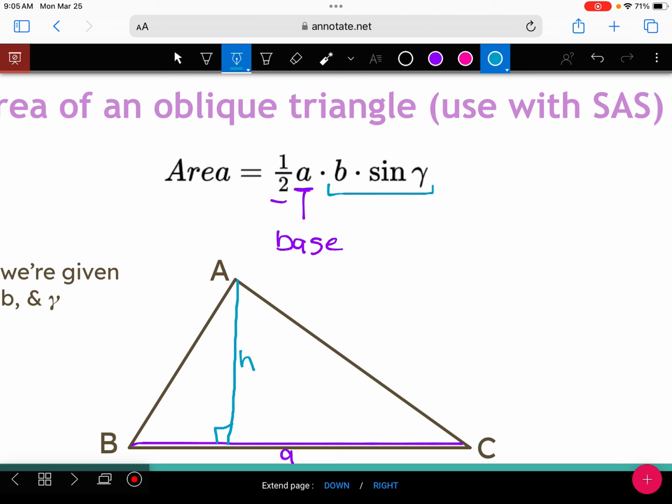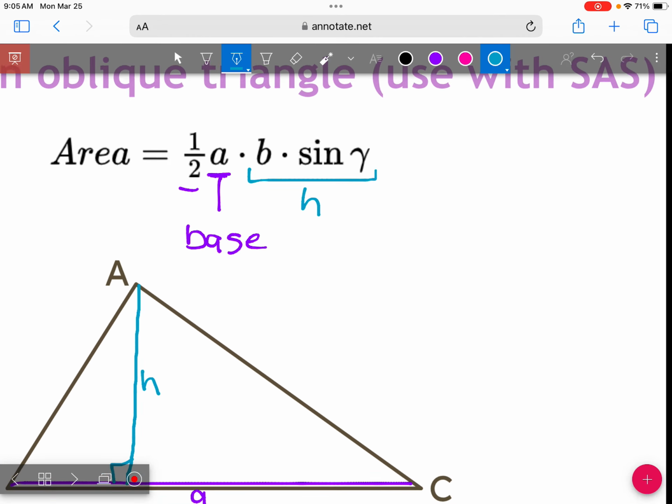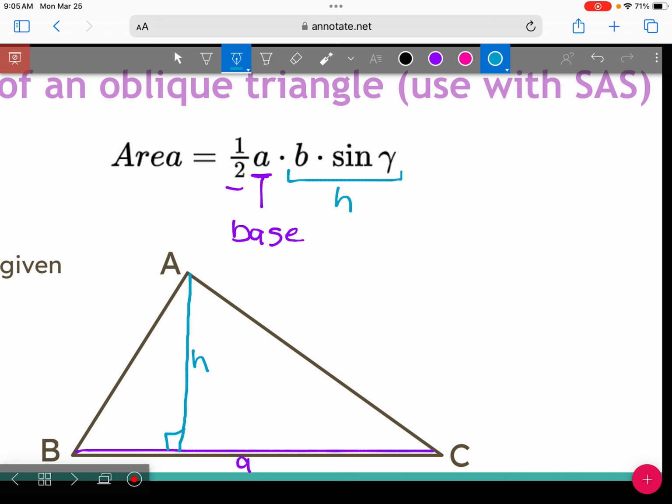The way it shows up is actually if we use law of sines. So the way we get height uses law of sines, because we could set up the height over sine of gamma, the angle opposite of it.